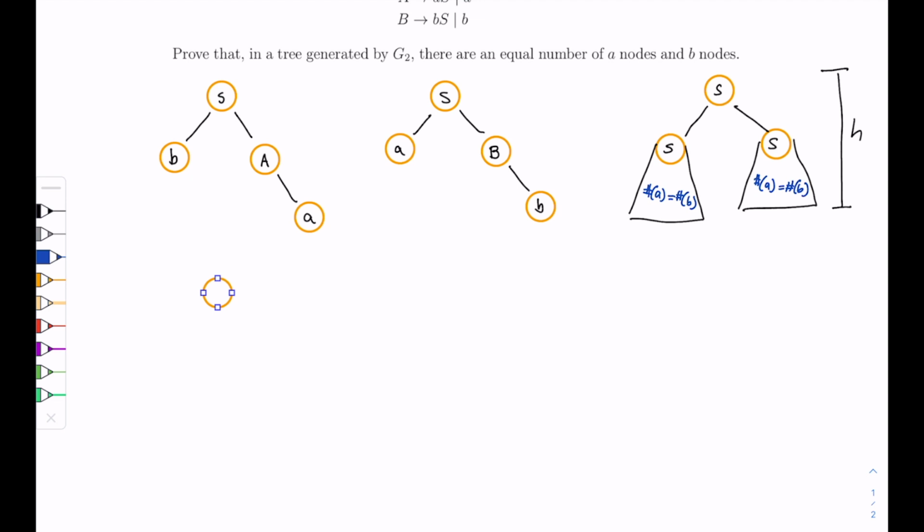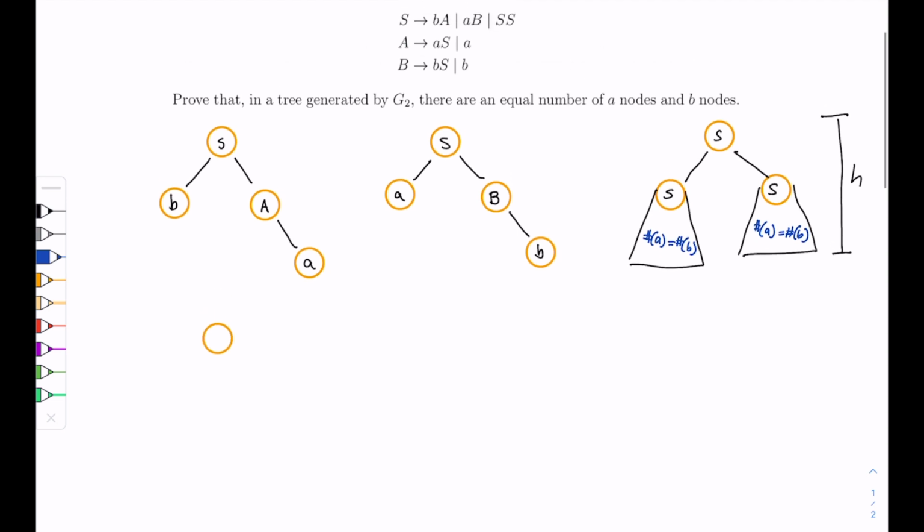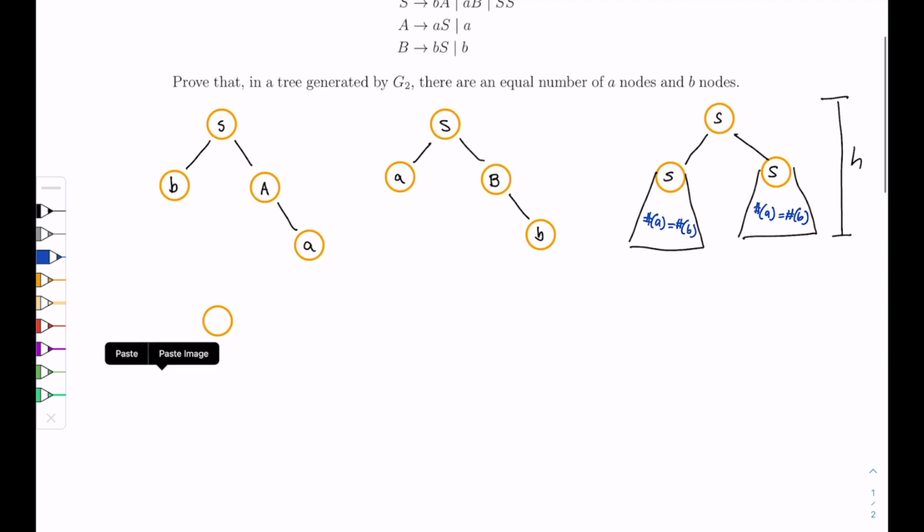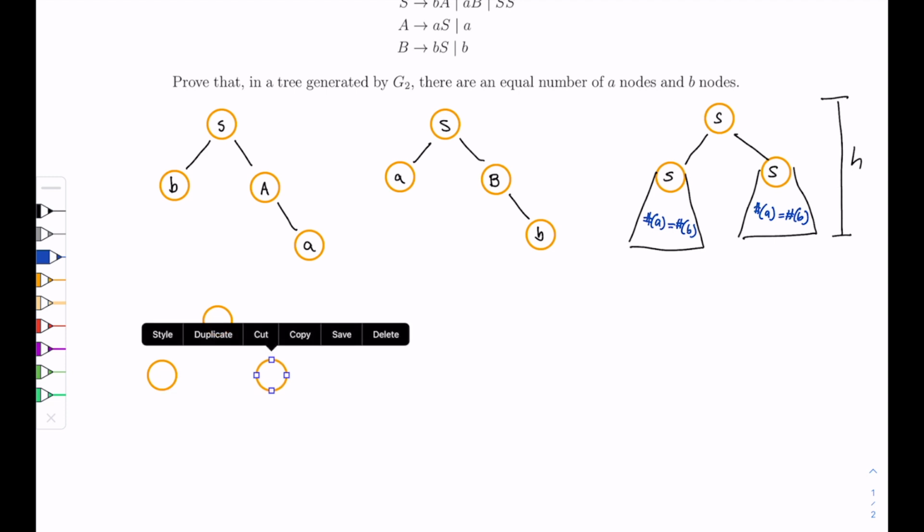So let's draw this tree. So S, and we're going to go say B and A as children. Okay, so let's just draw this. So B, A, and now A, what we're going to do is we're going to use this situation here.